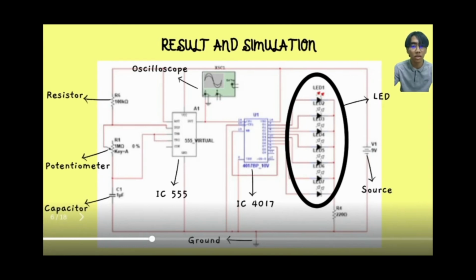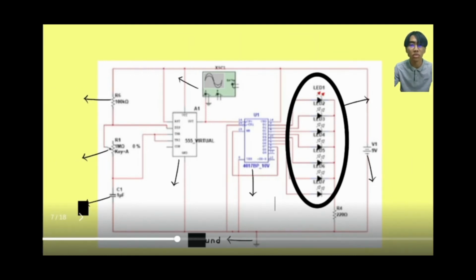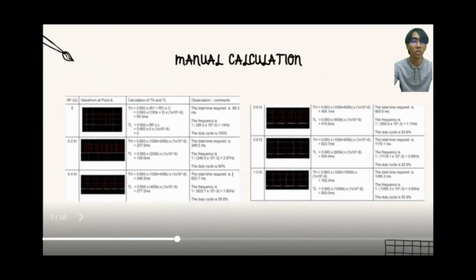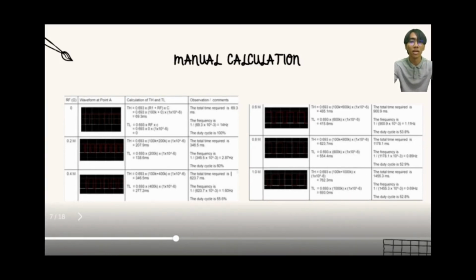After a few seconds, we can see the result of the waveform at point A shown in the oscilloscope. In this slide, we can see the waveform at point A at a certain value of RF. By using the equations that we mentioned before, we can calculate the TH, TL, total time required, the frequency and duty cycle.